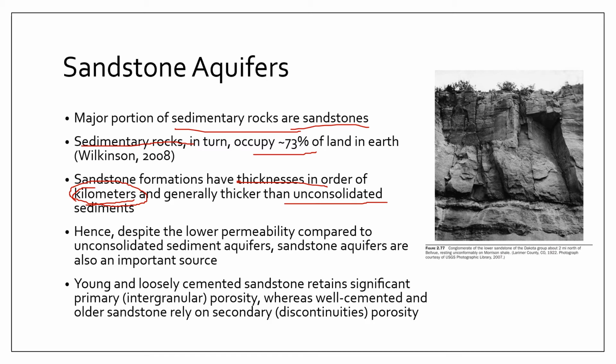Typically your alluvial fans or your floodplain deposits range from a few tens to hundreds of meters, and maybe a few kilometers, but mostly in the range of hundreds of meters. Another feature with sandstone aquifers is that despite their low permeability compared to their unconsolidated cousins, they're hugely abundant, they're thick, and they're huge in quantity.